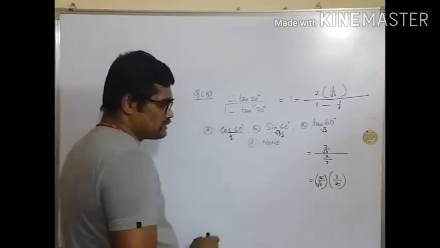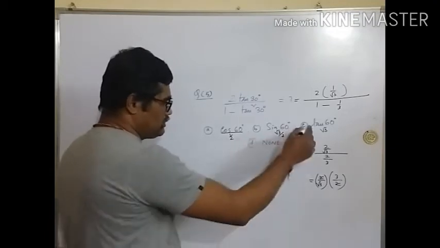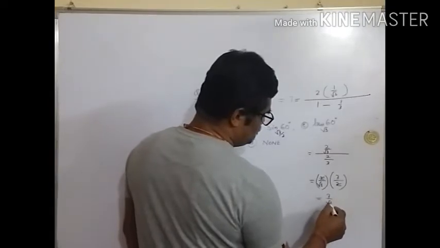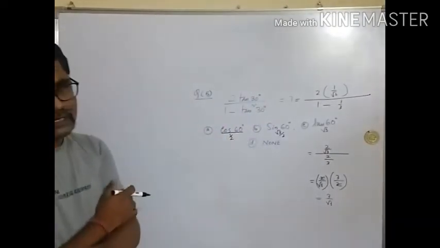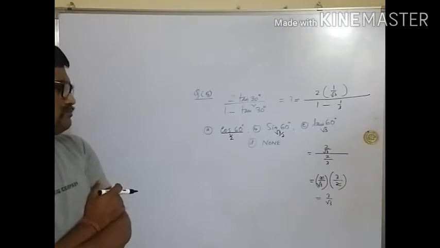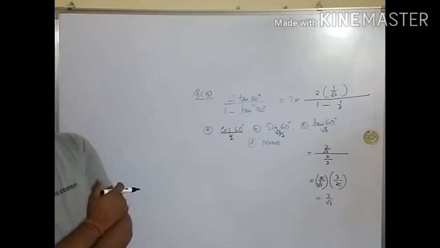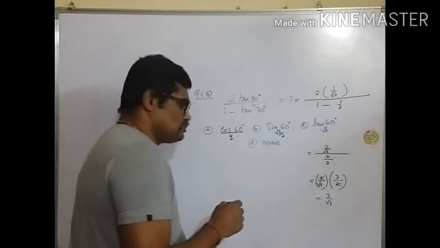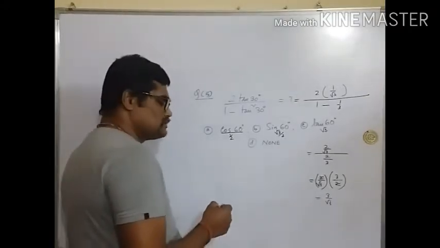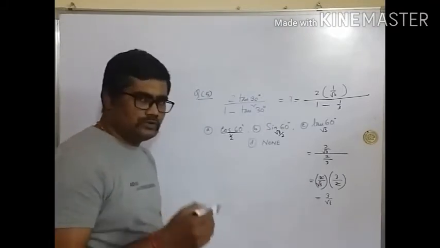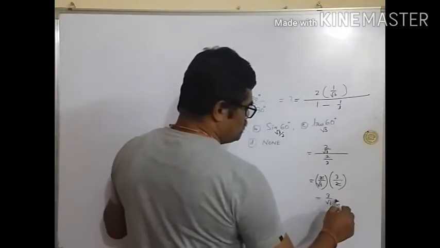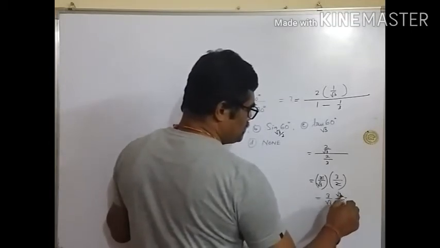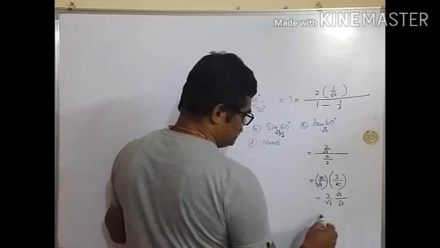Many people stick here. They do not find the option here because it seems that the value is 3 by root 3 and there is no such values occurring in the options. But you proceed further, one more step to rationalize this. Once you rationalize, do you know what is rationalization? We'll be taking another period if you have any confusion. We'll be multiplying both numerator denominator by root 3.